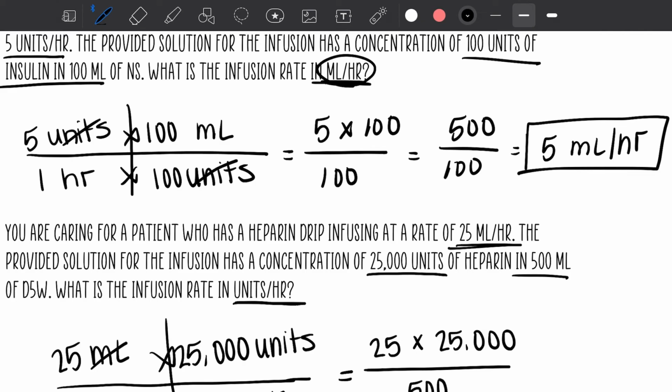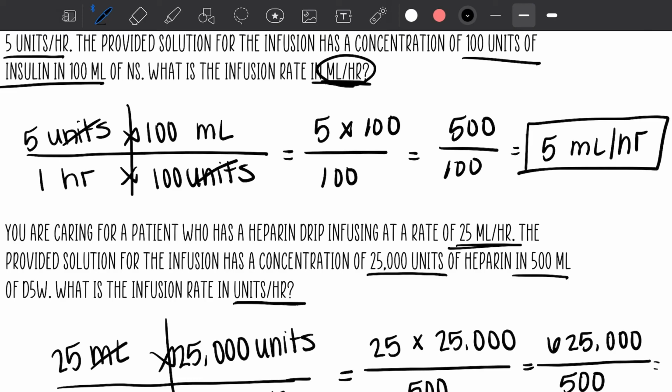So now we have 25 times 25,000 divided by 500. And we're going to end up with a rate of 1,250 units per hour.